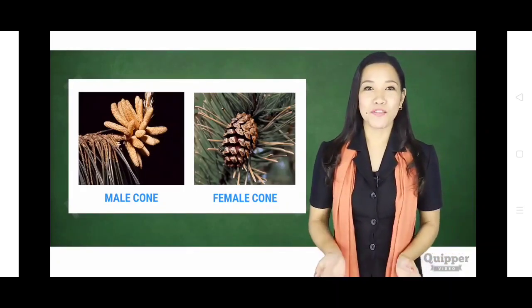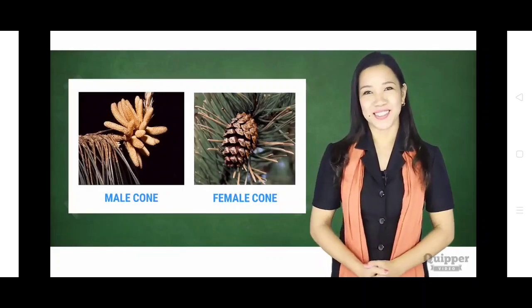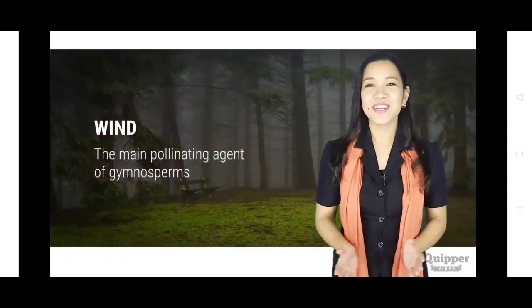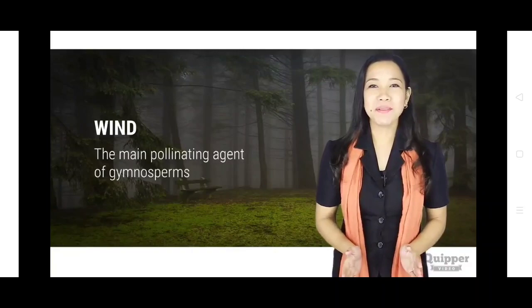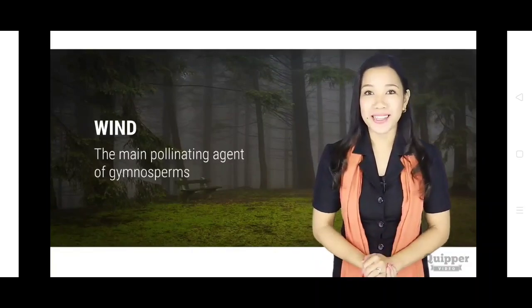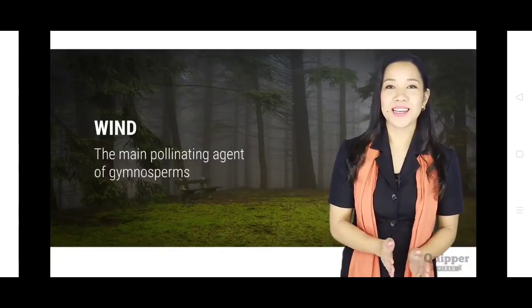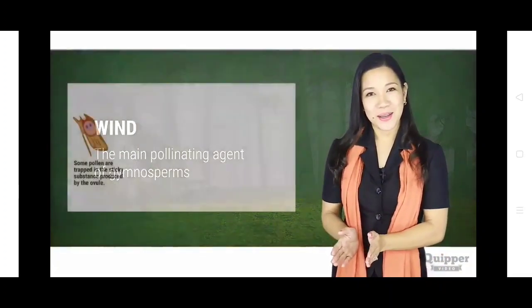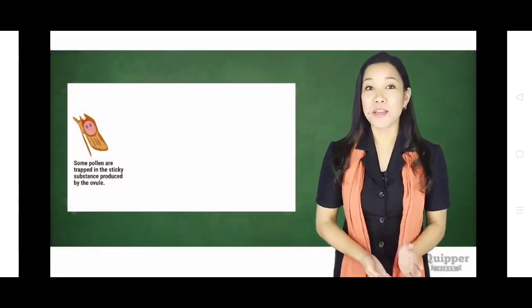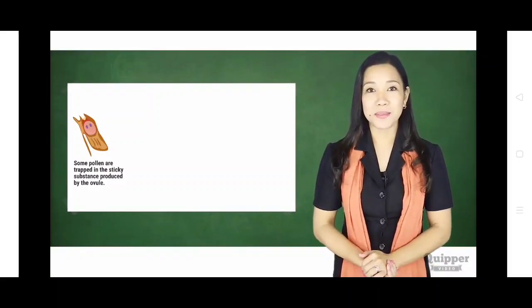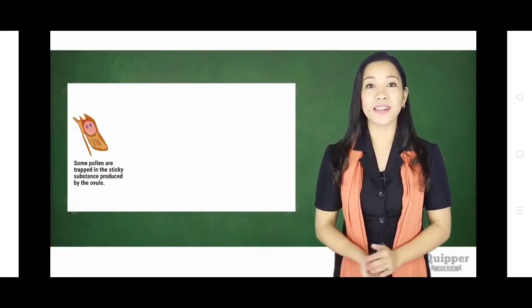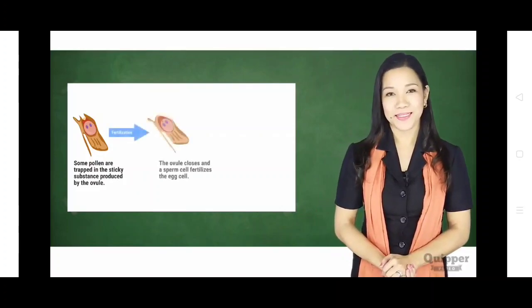The pollen and the ovule meet through pollination. In gymnosperms, the main pollinating agent is wind. Wind carries the pollen from the male cones to the female cones. When the pollen reaches a female cone, a sticky substance secreted by the ovule collects the pollen.